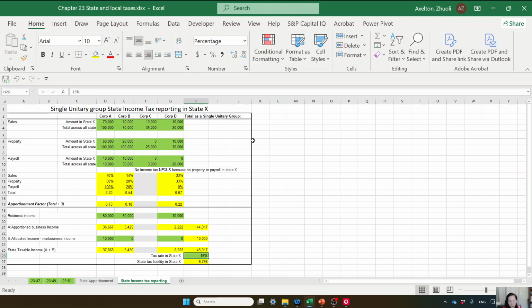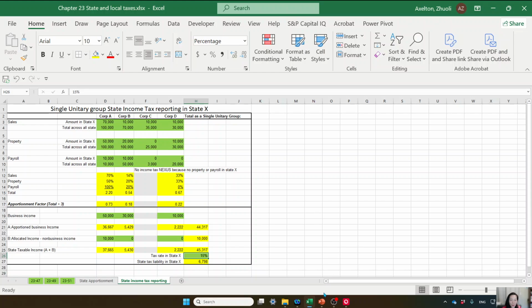So really what we're calculating here is the single unitary group income tax in a particular state, state X. We look at each entity and their apportionment factor related to this state, to come up with the total state income tax liability for this unitary group.